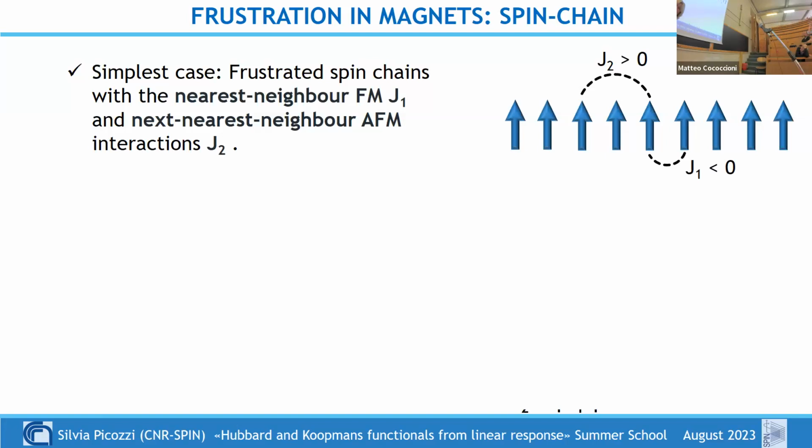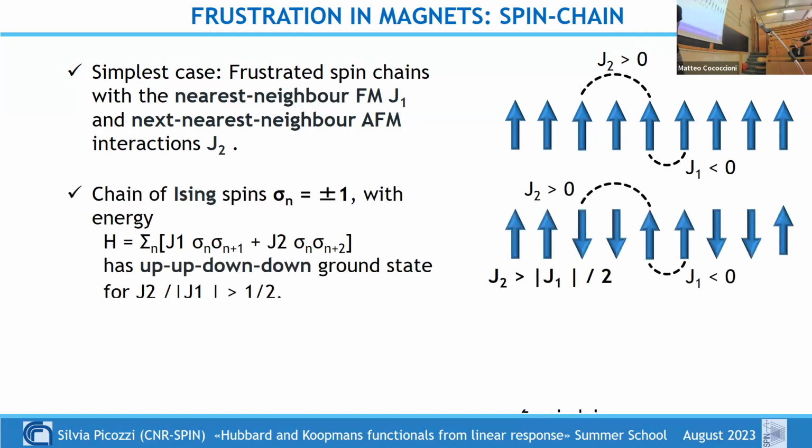You can also have exchange frustration in a single chain, the simplest magnetic system that you can think of. If you have a chain of spins, and your first exchange interaction is small, it can be ferro or antiferro, but needs to be small. And if your second nearest neighbor interaction is large and antiferromagnetic, then two things can happen.